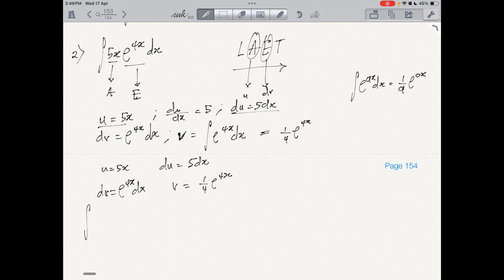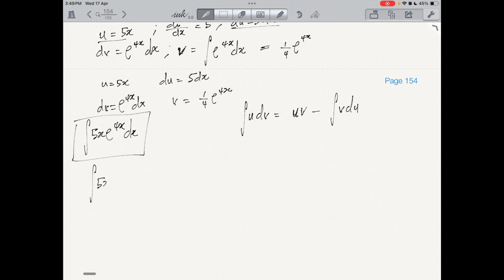Now let's simplify 5x exponential 4x to be integrated with respect to x. We recall our formula for integration by parts, which is integral of u dv is equal to uv minus integral of v du.